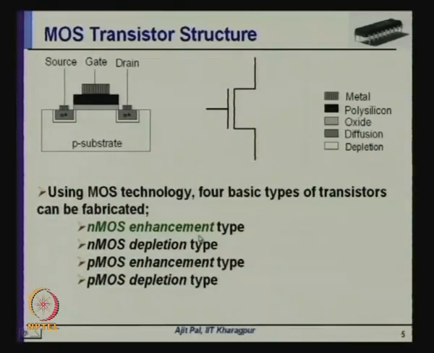And for that purpose, two different techniques are used. One is known as enhancement mode. In this mode, what is being done? A positive voltage is applied on the gate, and whenever a positive voltage is applied on the gate, it will induce charge of opposite polarity on the other side of the silicon dioxide.